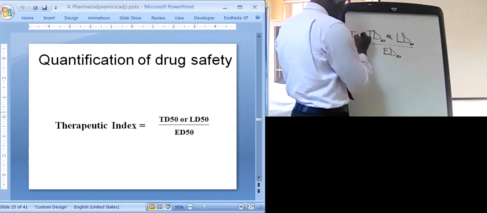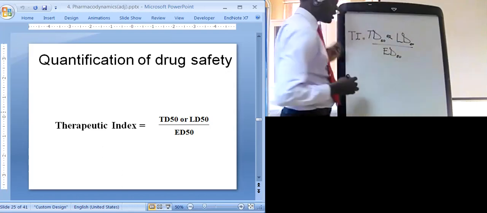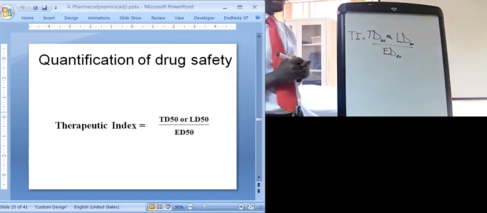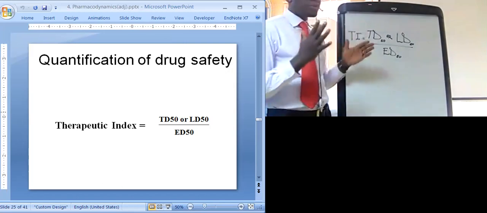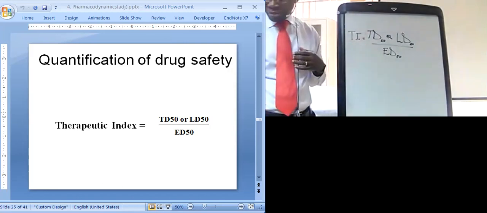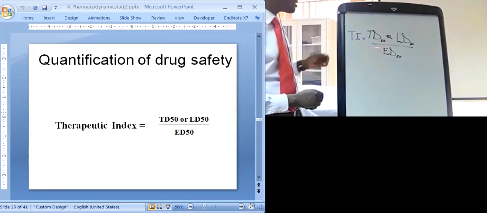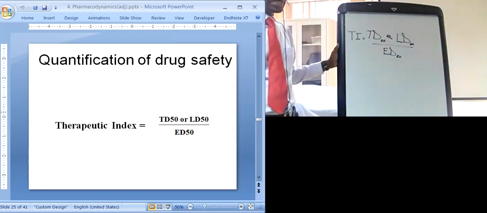That gives us our therapeutic index. If you still remember, we said the therapeutic index is the range within which you can give a medication, and this is basically how it is determined.